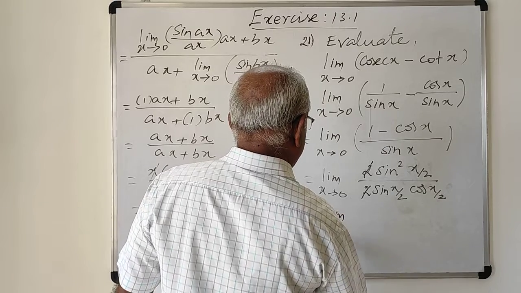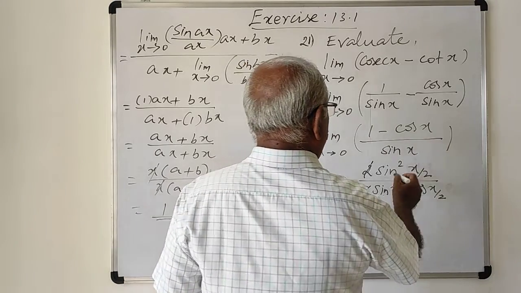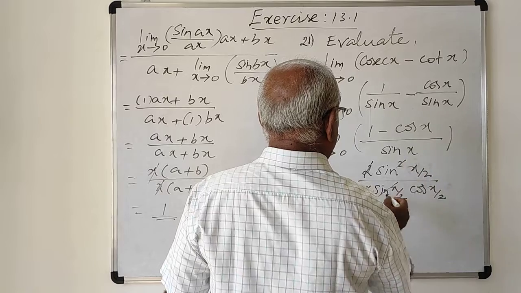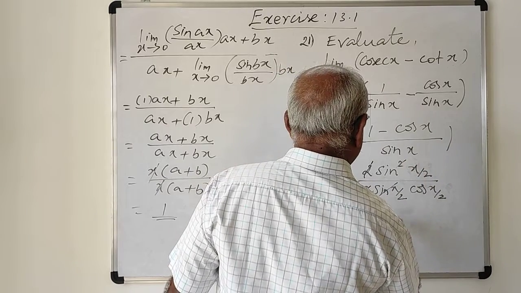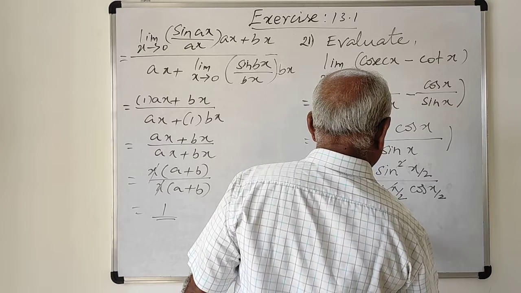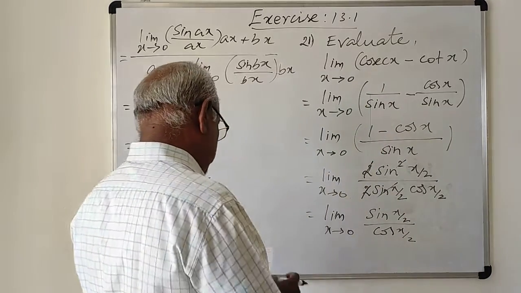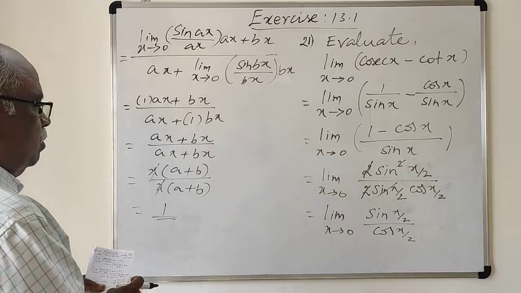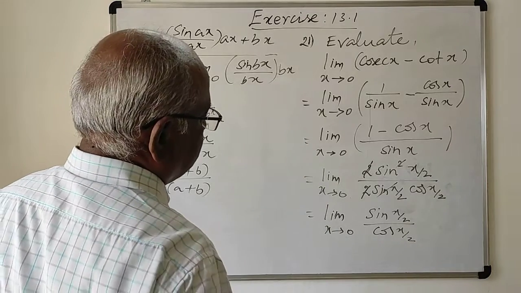You will get limit x tends to 0 of sin x by 2 divided by cos x by 2.